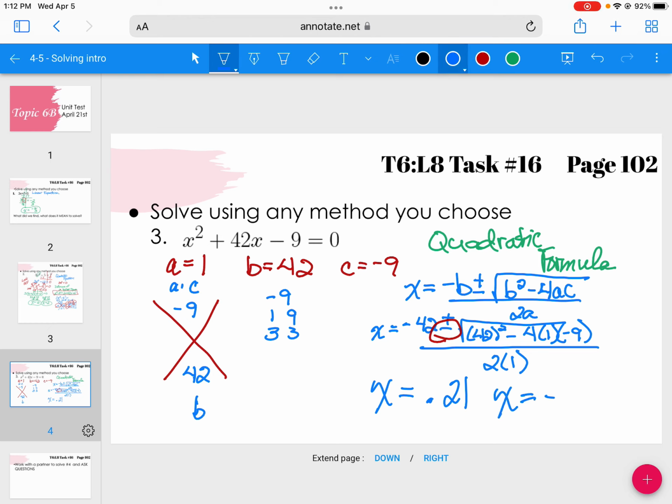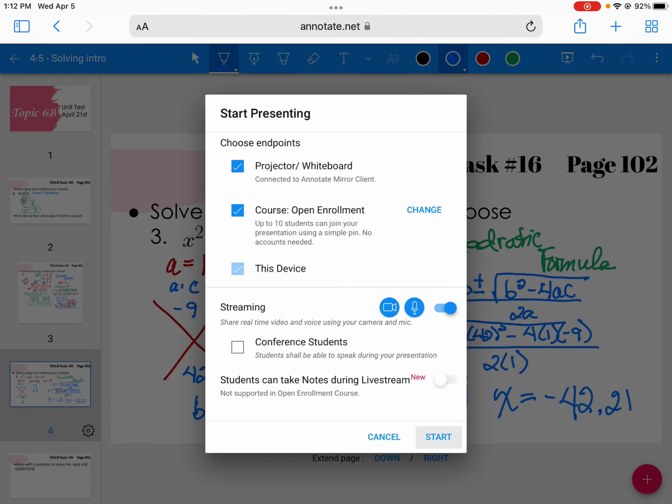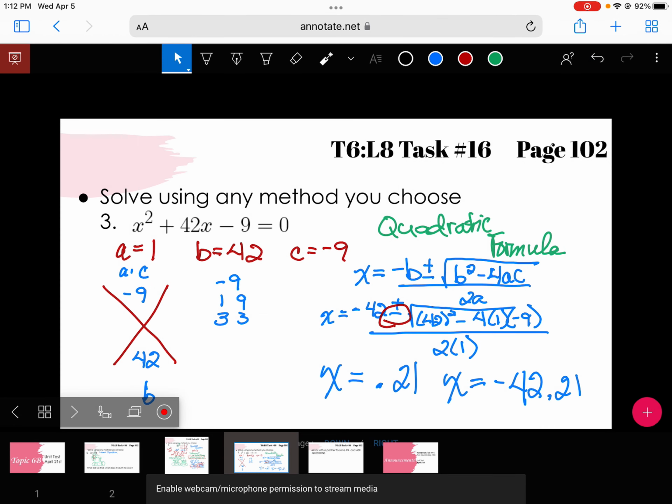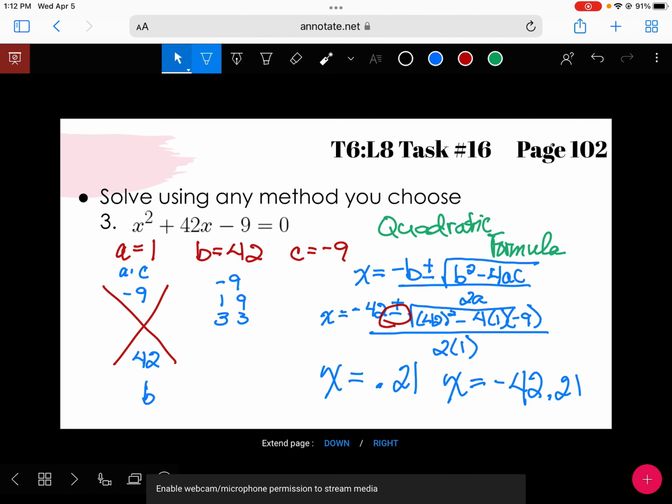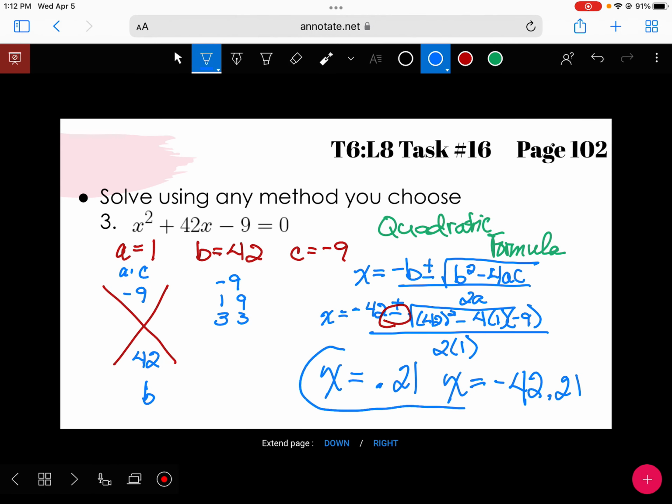So when I do the subtraction, I'm going to get x equals negative 42.21. So here are my two answers. X equals 0.21 and x equals negative 42.21.